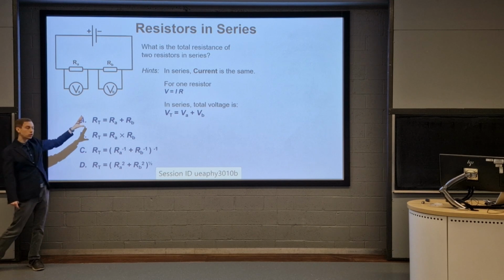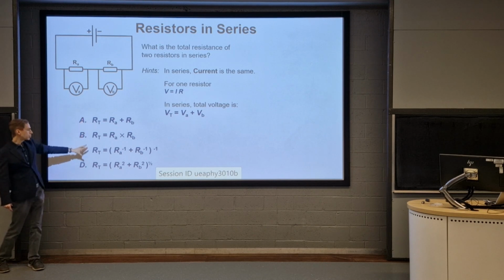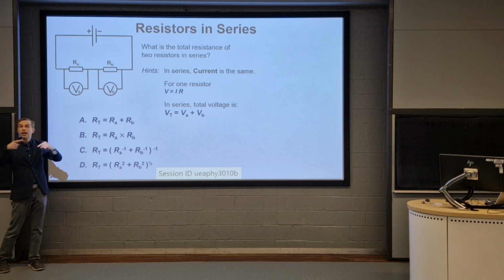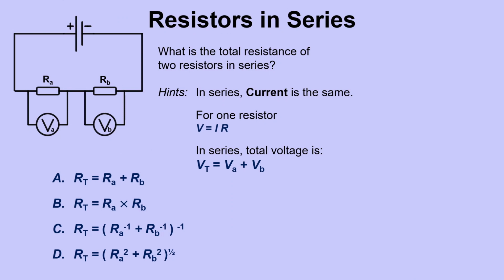So if we have our 2 resistors, which of these 4 options is going to be the equation for the combined resistance that we get when we put these 2 together? Again with this question, if you have studied resistors before, maybe you've already seen this equation for how to combine them. If this is the first time you're doing resistors, you can figure it all out.